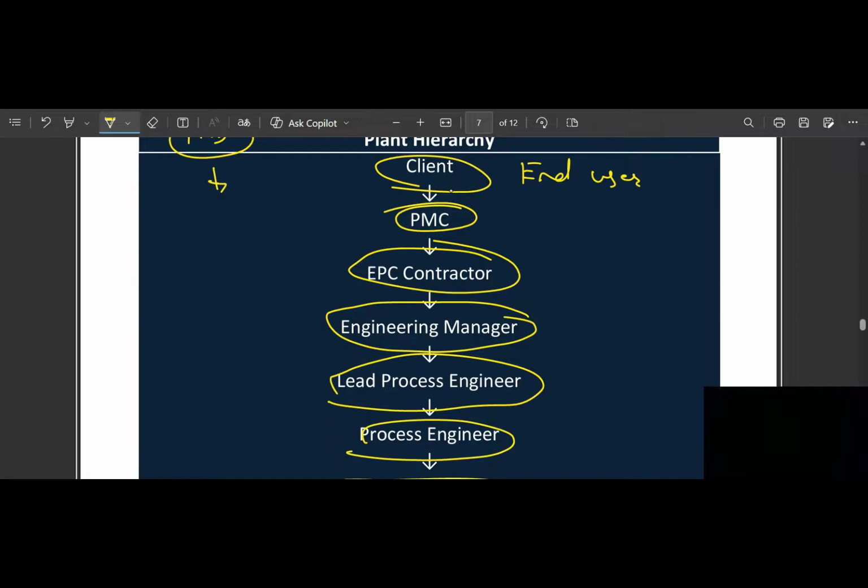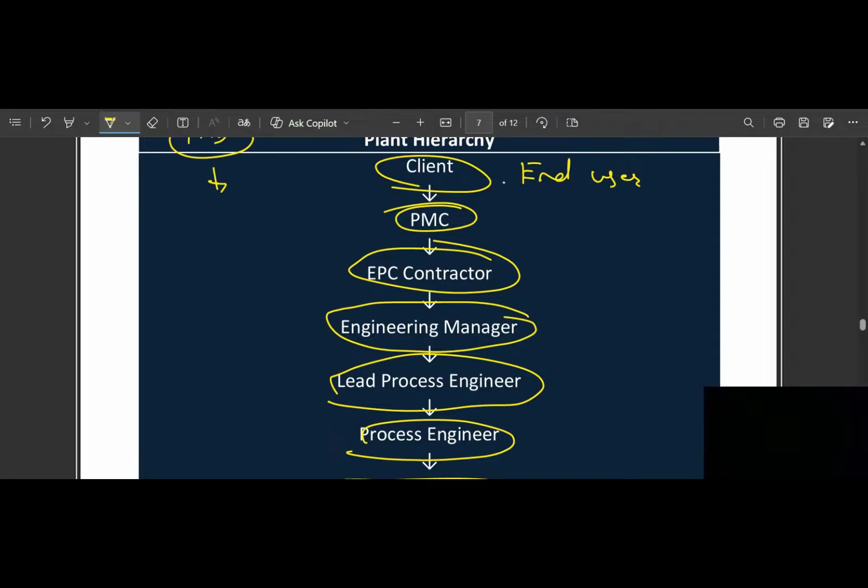Okay, he will give that contract to any PMC. Okay, project management. Then this project management company will give contract to the EPC. Okay, engineering procurement construction contractor.